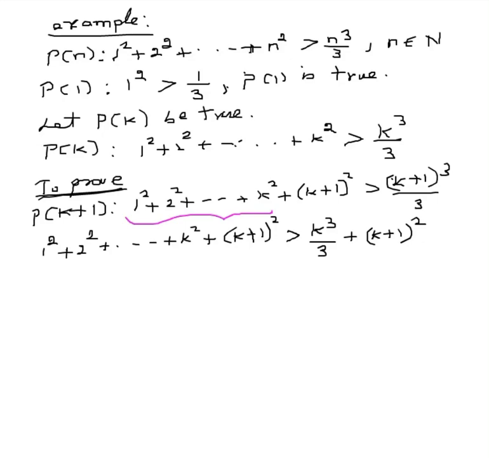Now let us take LCM and simplify. Therefore this expression will be k cube plus 3 times k square plus 2k plus 1.